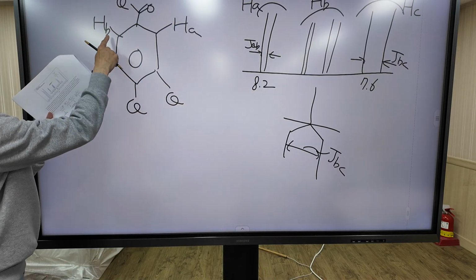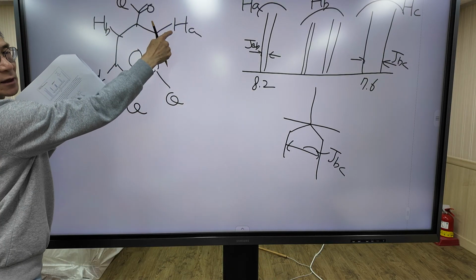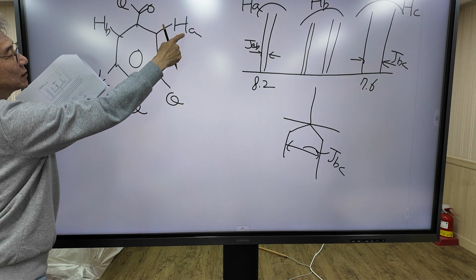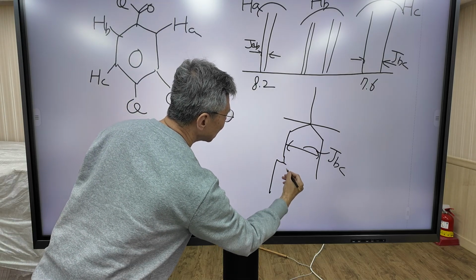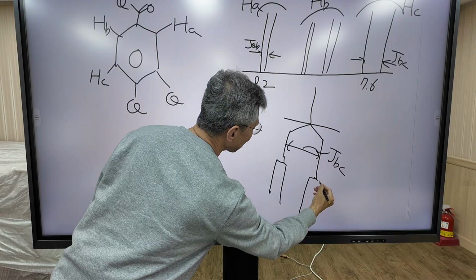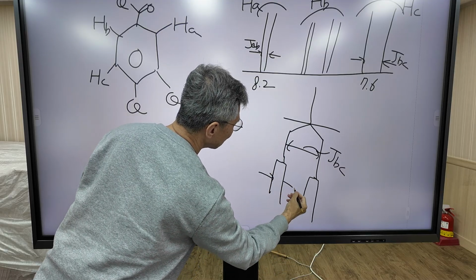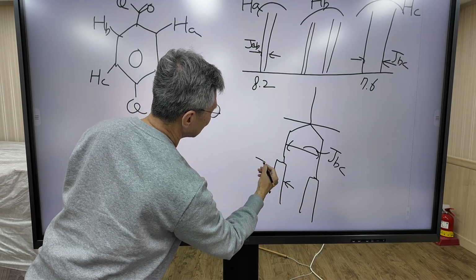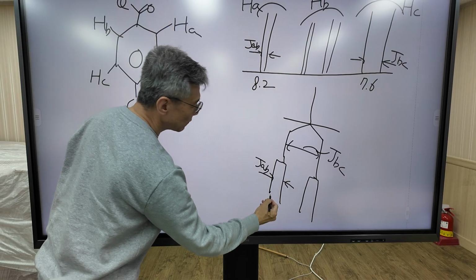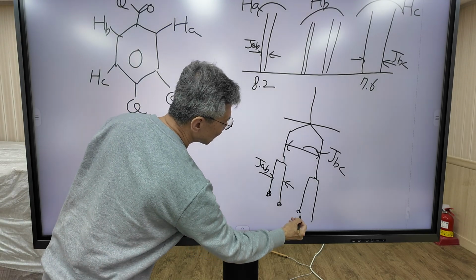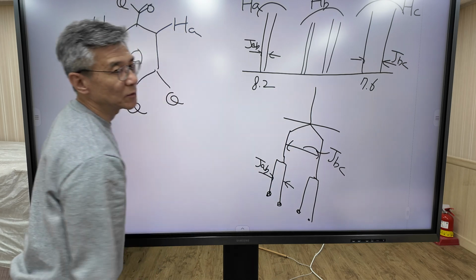And furthermore, this proton can be coupled to HA. Due to HA, this peak is further split into a doublet. This spacing must be JAB. So we observe four lines: 1, 2, 3, 4.